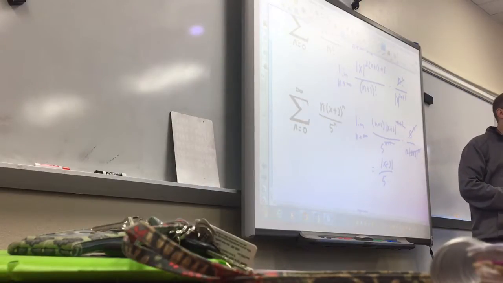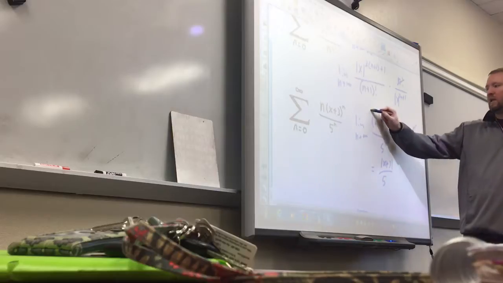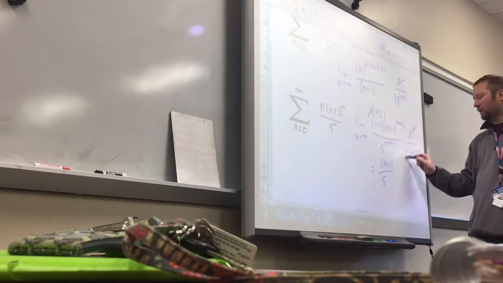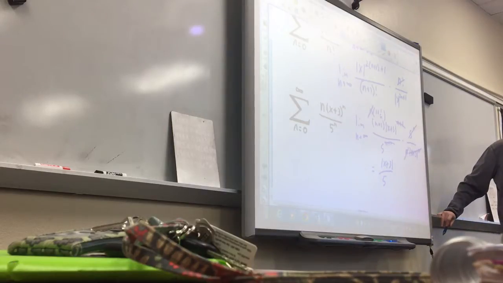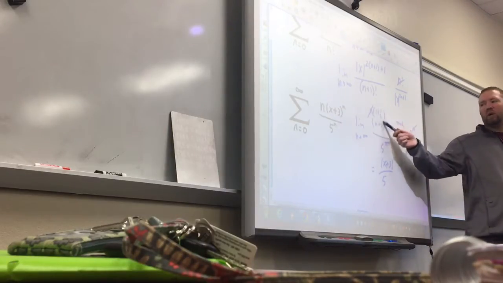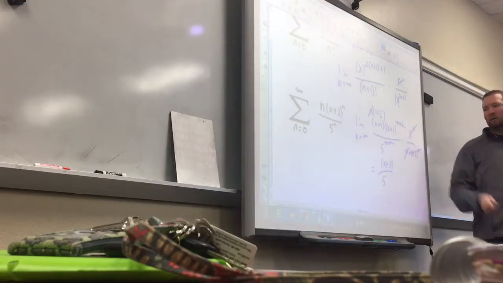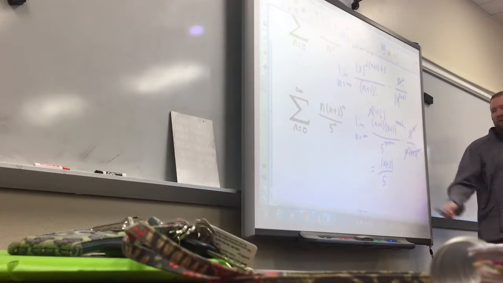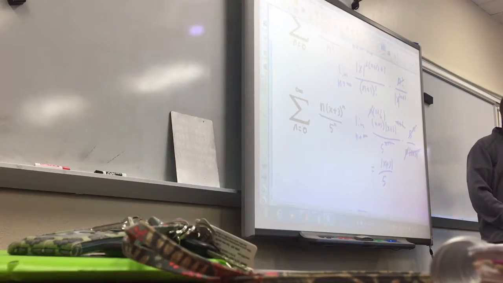Again, we can factor out an n: 1 plus 1 over n. This n will cancel with that n. And so as n goes to infinity, you get 1 plus 0, which is 1, times the absolute value of x plus 3, which is the absolute value of x plus 3, divided by 5.